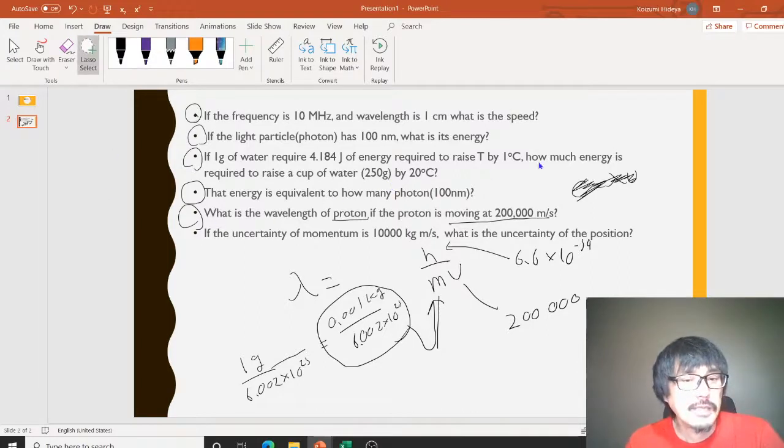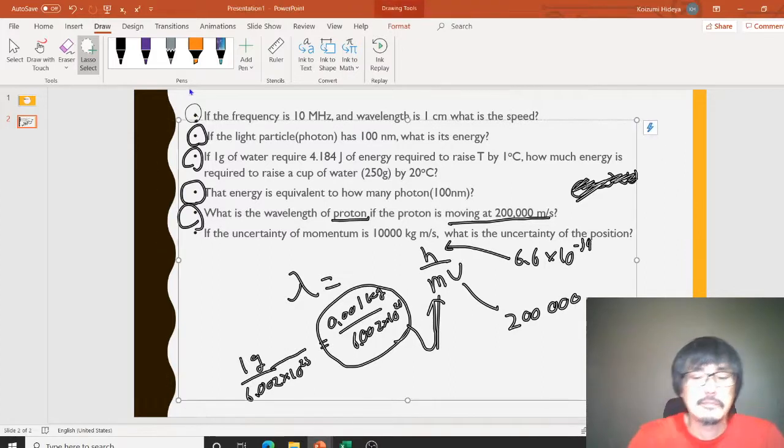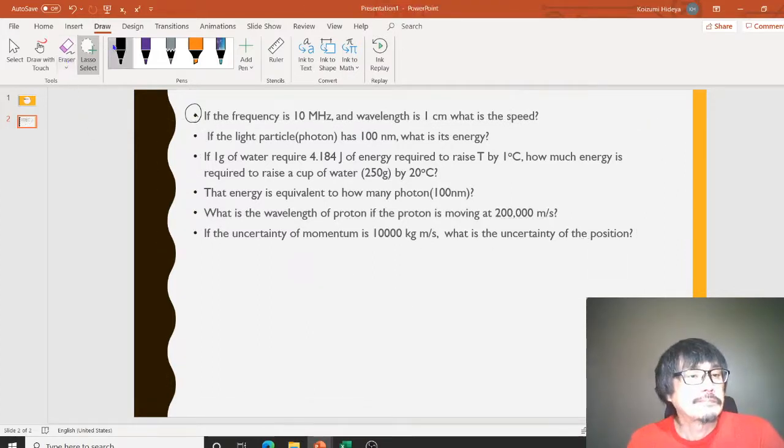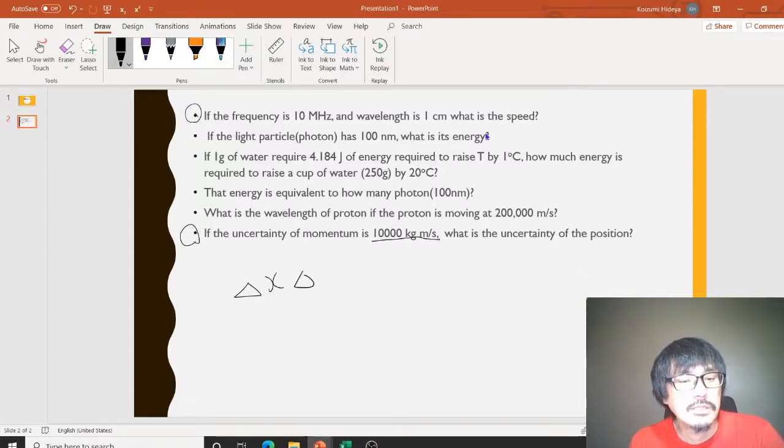Okay, let's do the next problem. If the uncertainty of the momentum is this, what is the uncertainty of the position? The formula that we are going to use is the Heisenberg uncertainty principle, which is always bigger than this number right here.